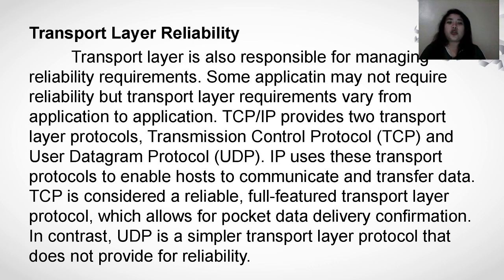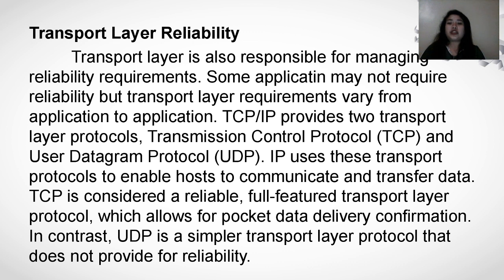Some applications may not require reliability, but transport layer requirements vary from application to application. TCP/IP provides two transport layer protocols: Transmission Control Protocol, or TCP, and User Datagram Protocol, or UDP. IP uses these transport protocols to enable hosts to communicate and transfer data.